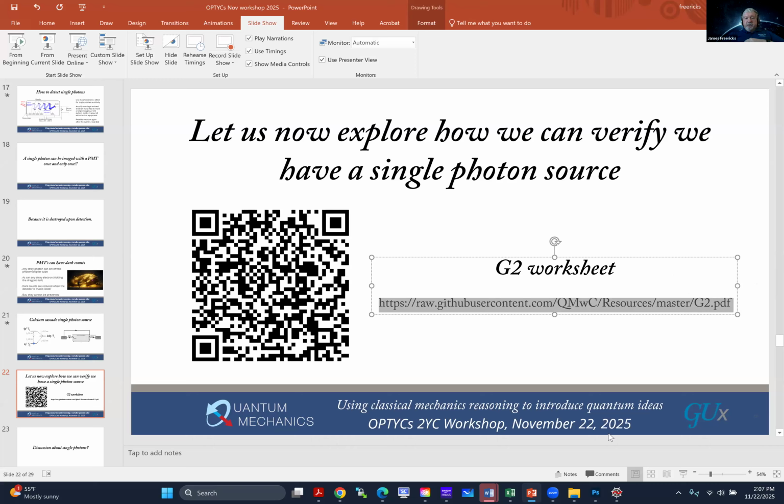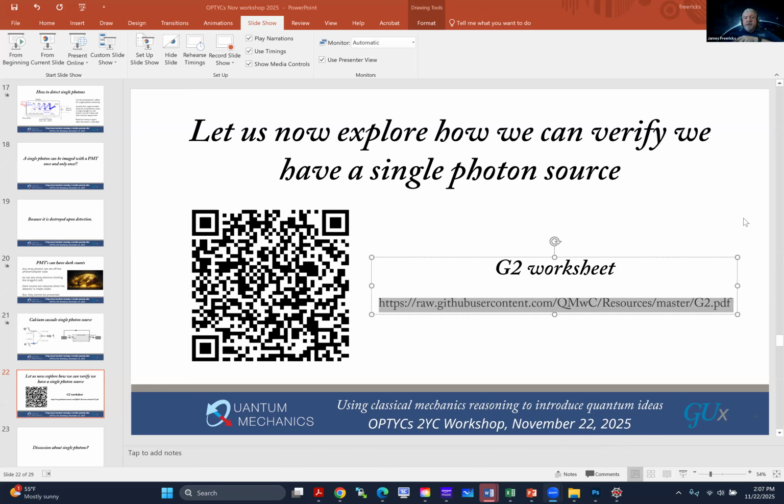This is the experiment that you use to verify that you have single photons. We're going to go to breakout rooms again, and we're going to work through this worksheet.